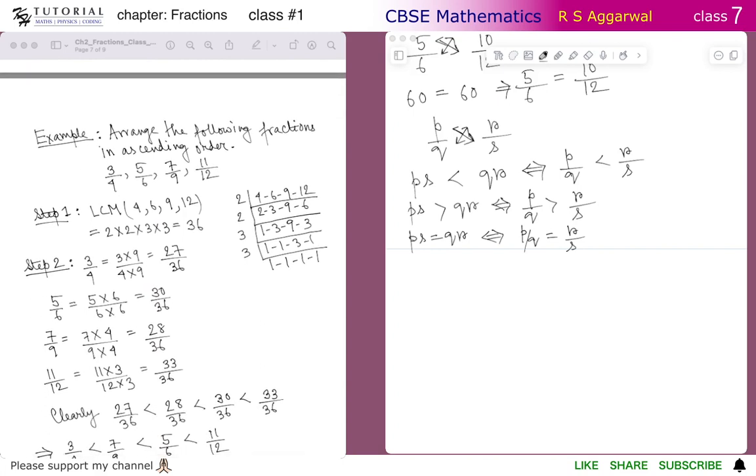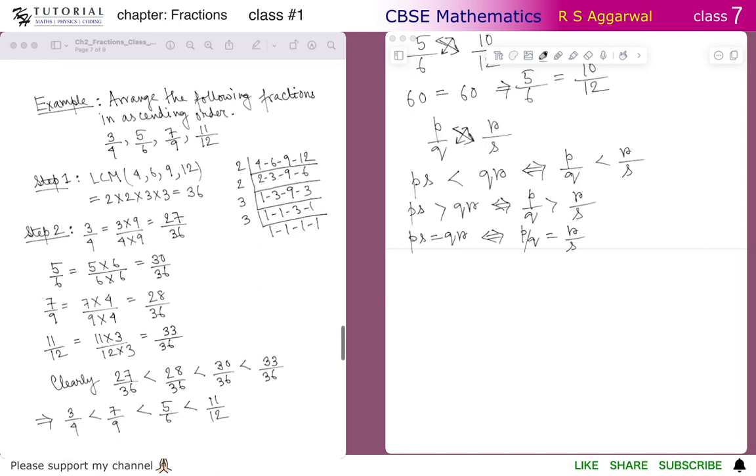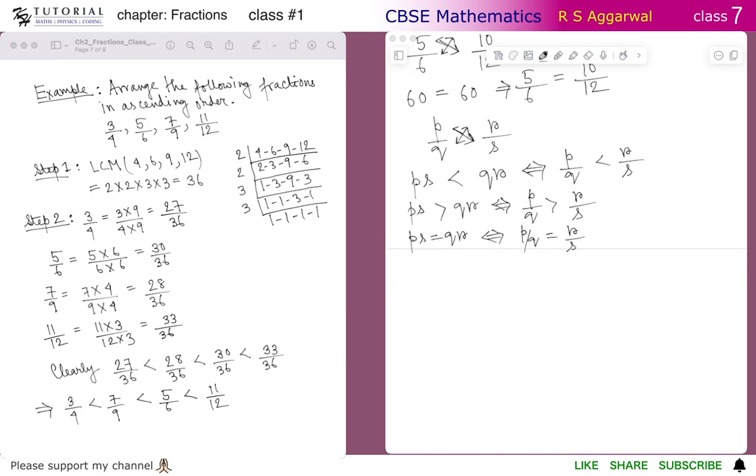As step 1, we first find the LCM of all the denominators of the given fractions. So we find the LCM of 4, 6, 9 and 12, which comes out to be 36. Now we convert all the given fractions into like fractions with the same denominator, which is 36.